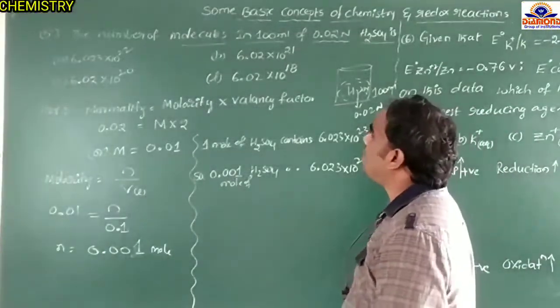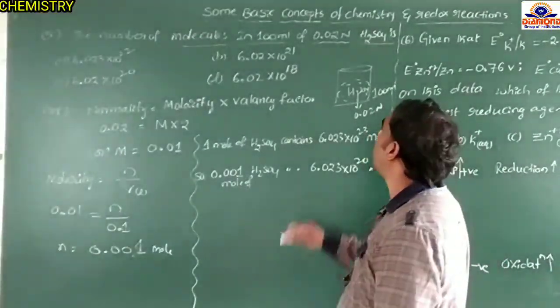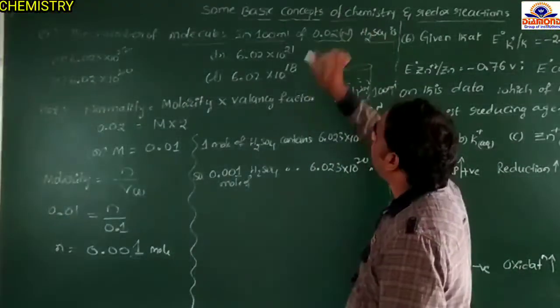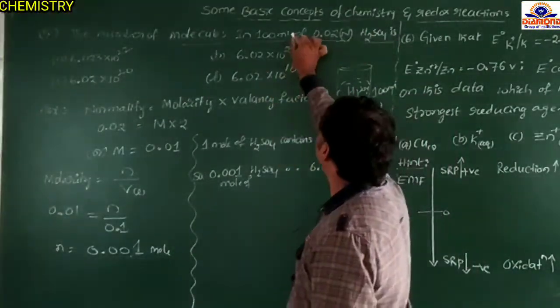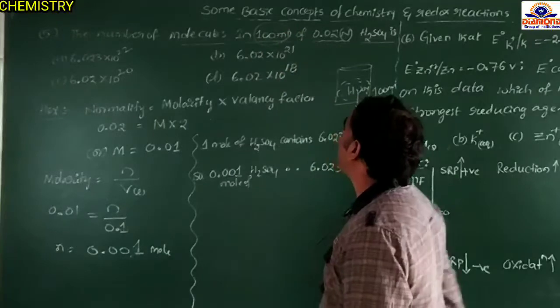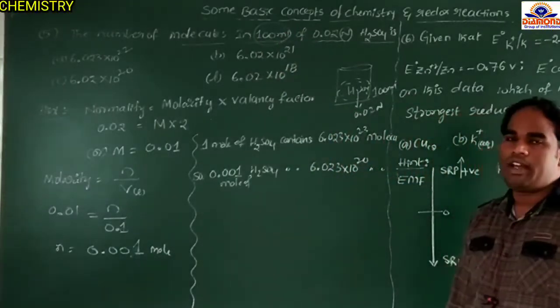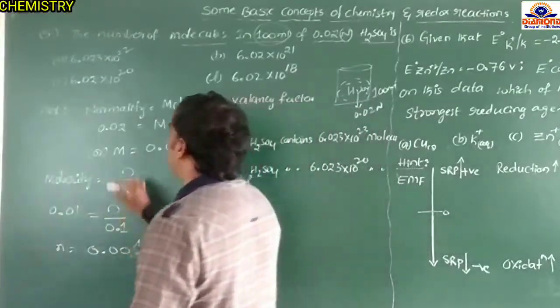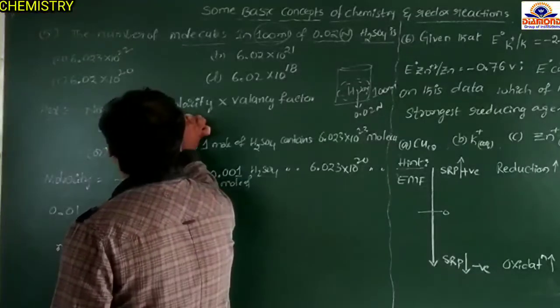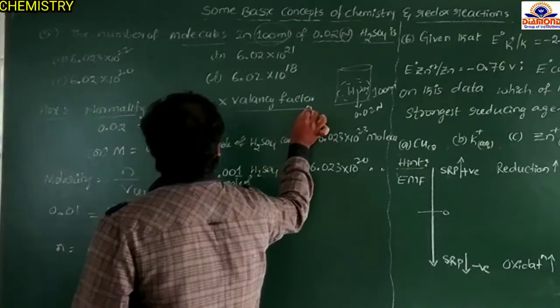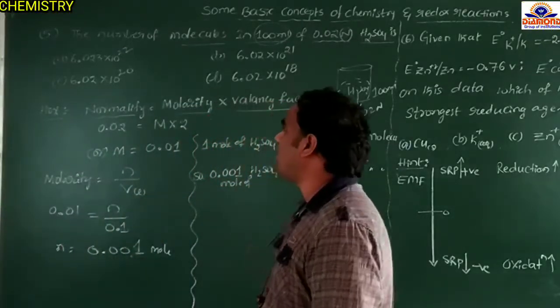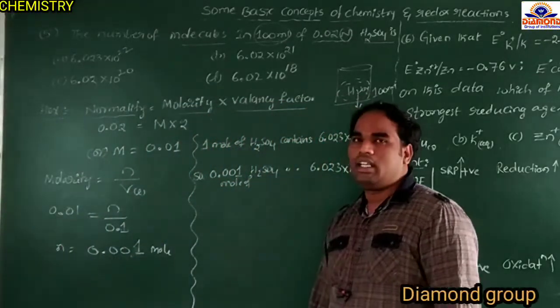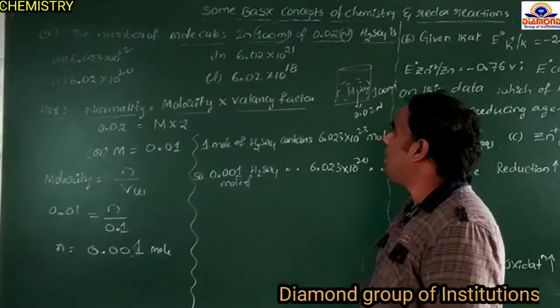In this question, the given data are the normality and the volume, 100 ml. First, normality equals molarity into valency factor. This is the equation.